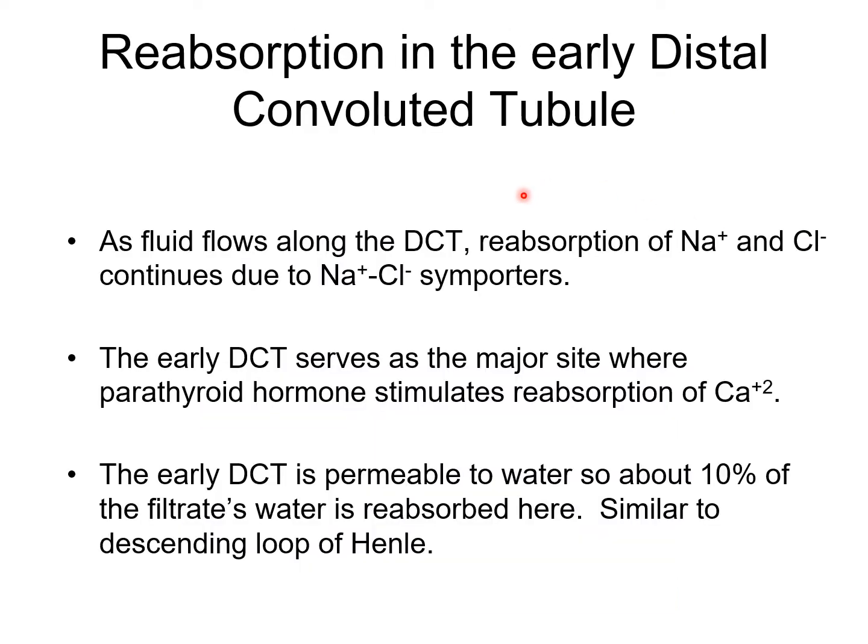So here's the picture in the early distal convoluted tubule. Sodium and chloride is absorbed through these symporters, active transport and secondary active transport, and the last portion of water is absorbed in the early distal convoluted tubule.